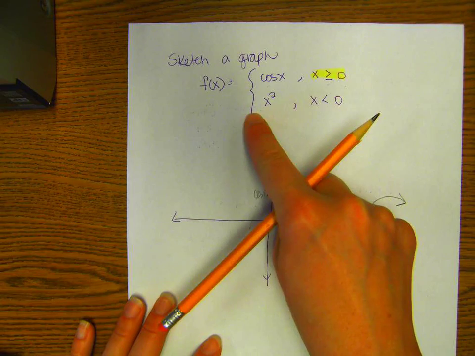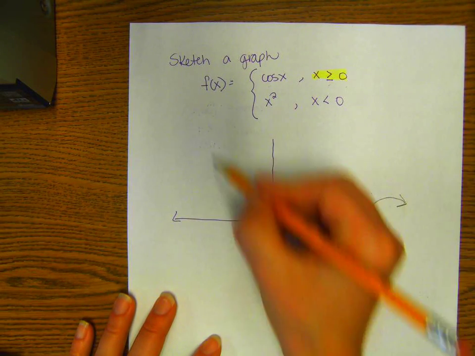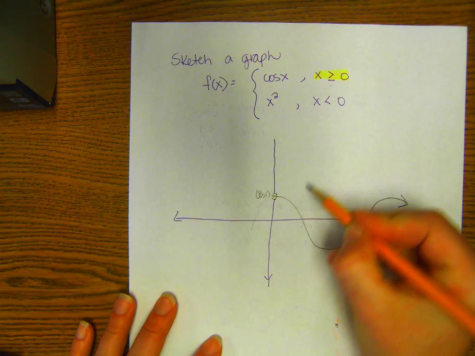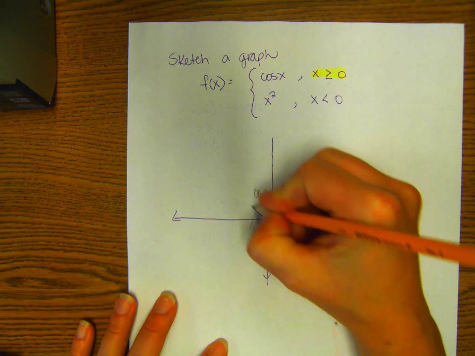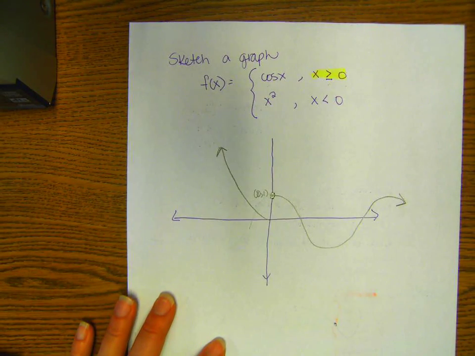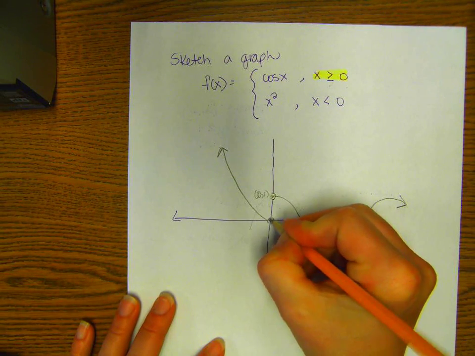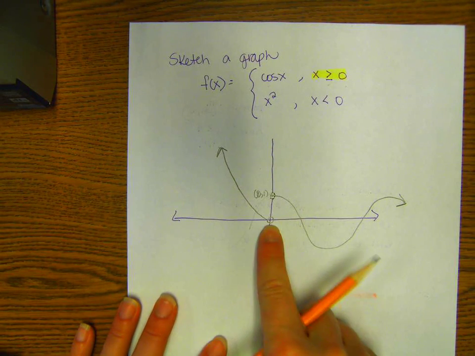X squared is a parabola, and a parabola is U-shaped, but I only want to graph the parabola for when x is less than 0. So I'm not going to graph the part over here where it's positive. I'm only going to graph this part over here. Now, because it's saying x is less than 0, what I do is I leave an open circle at 0 just to show that that parabola goes right up to but does not include it.